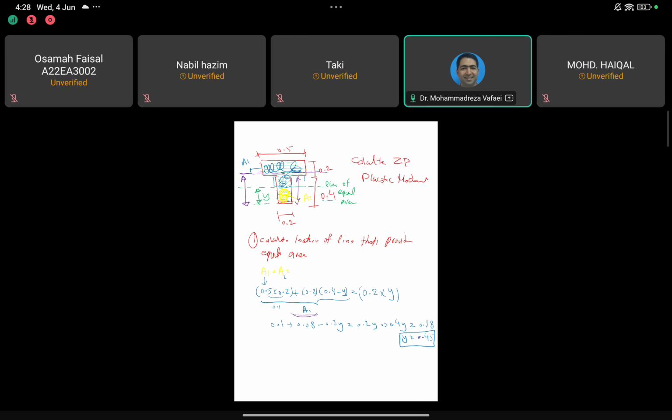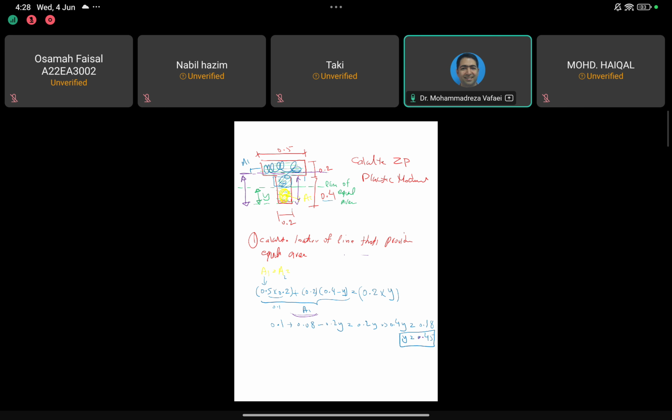Now that we have got 0.45, that means the areas divided by the line may not be similar. So we need to check again to see whether these two areas are correct, and whether the line has divided the section into two equal areas or not.